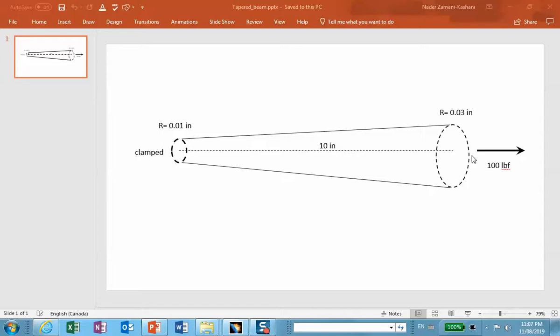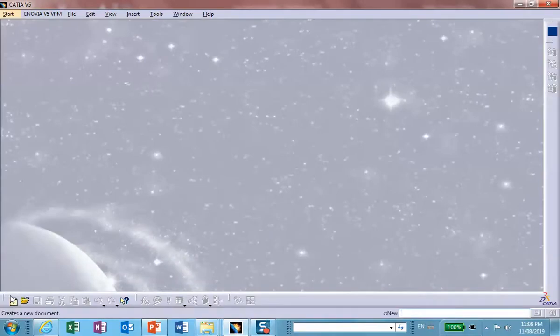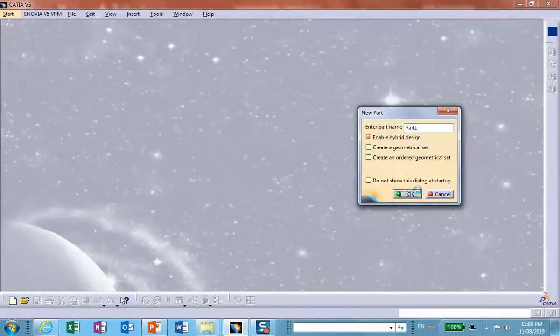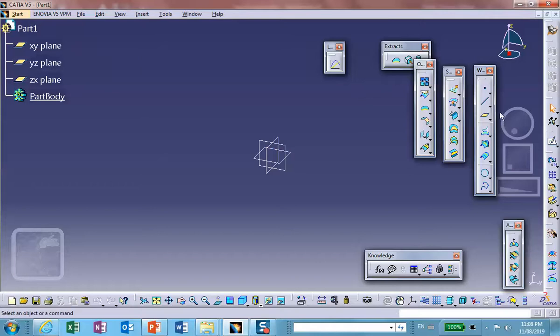Okay, so let's go ahead and make this. We're going to start with a part file. We're going to make a line that's 10 inches long. So, for example, on that plane, I will make a line 10 inches long.